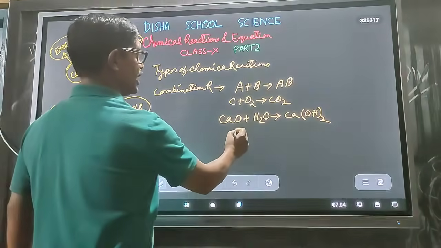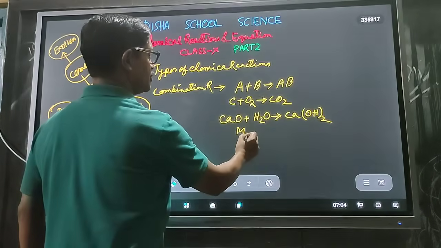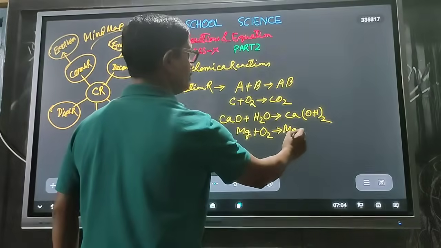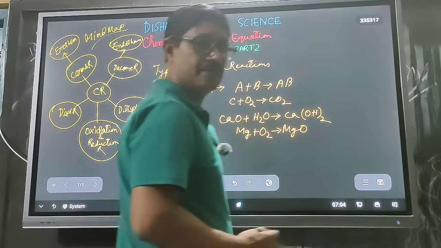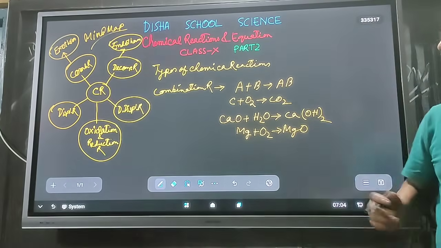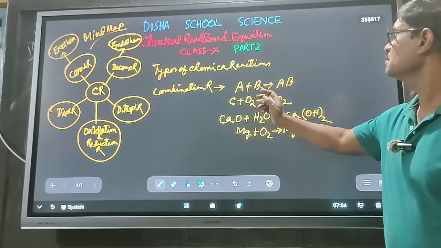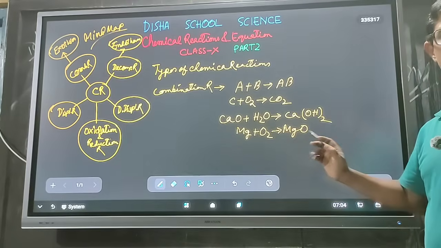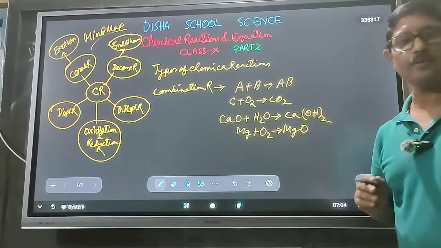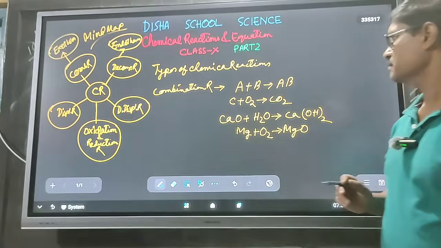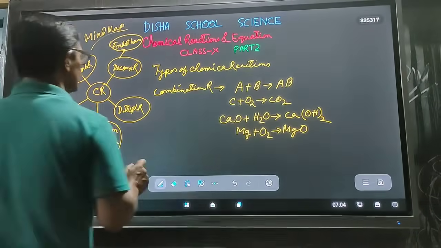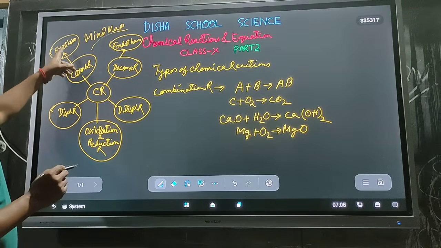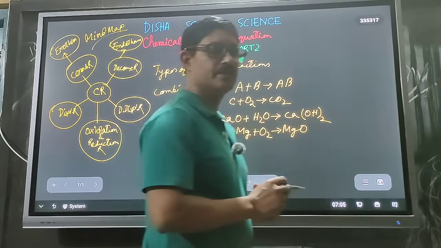Similarly, magnesium reacts with oxygen to form magnesium oxide. So these are combination reactions, with two or more reactants combined to form a single product. That is very simple. But one important thing: combination reactions are exothermic reactions.